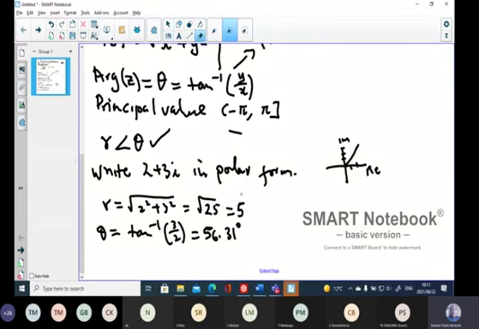I'm actually checking my mistake here. I can see this is wrong. It's 4 plus 9. This is 13. So I'll ask you also to check the angle if it's correct. Let me check using my calculator just to verify. Here I'm working in degrees.